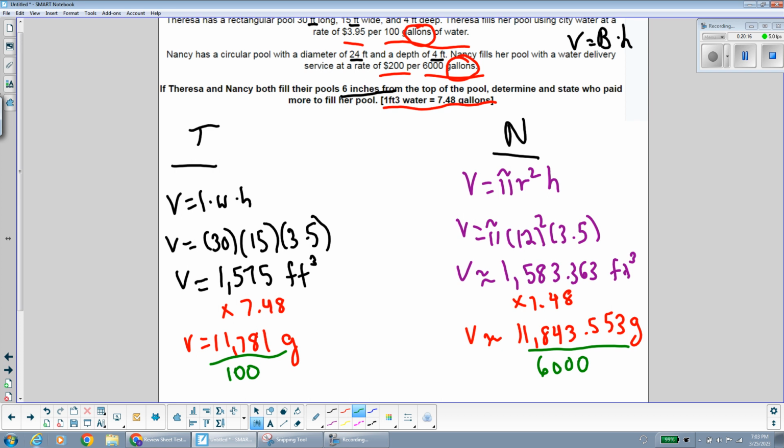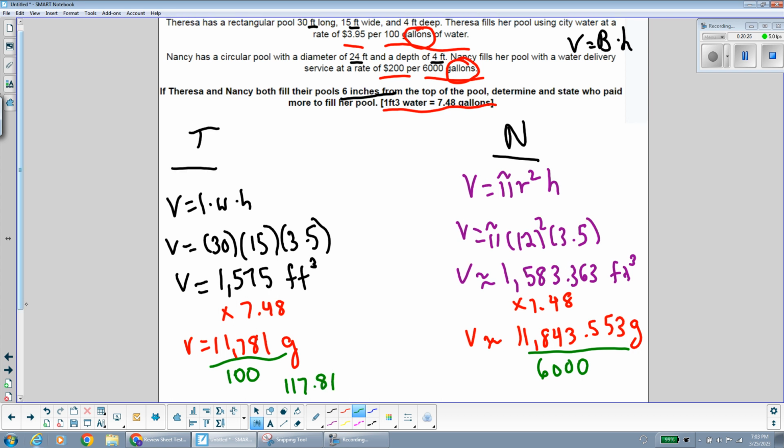I divided the first one by 100, and I got that number here. This is how many 100 gallons of water are in the pool. If I multiply by the cost, I can see how much Teresa paid to fill up her pool. So Teresa paid approximately $465.35.